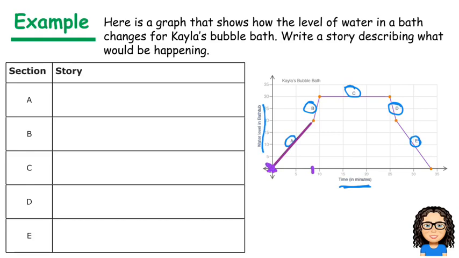It started down there at 0 and has gone up to a level of about 20. And so the bath water has increased in level. So that would have been at the beginning.